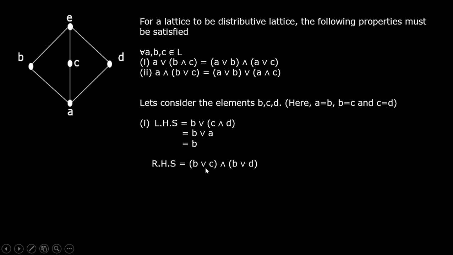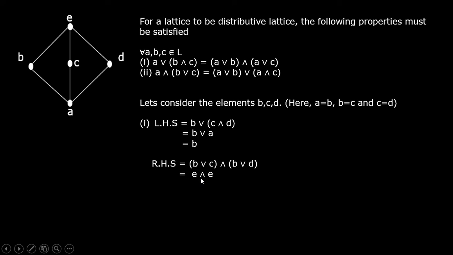B or C means the least upper bound of B comma C. If I trace upwards, E is the first meeting point of B and C. That means the least upper bound of B comma C is E. So instead of this B or C I can write E over here. Similarly, what is the least upper bound of B comma D? Again the first meeting point of B and D, if I trace upwards, is E here. So the least upper bound of B comma D is also E.